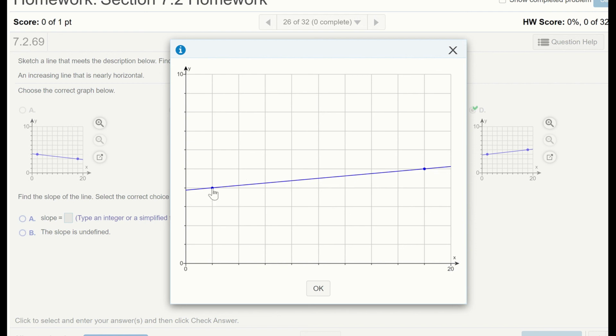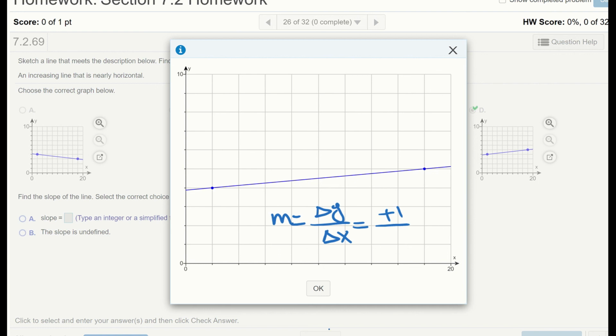Okay, so notice that we go up 1 to get from this point to that point. If we can only go up down first and only left right after that. So notice you'd have to go up 1. So the slope, which is change in y over change in x, is going to be positive 1 over, how about the change in x?